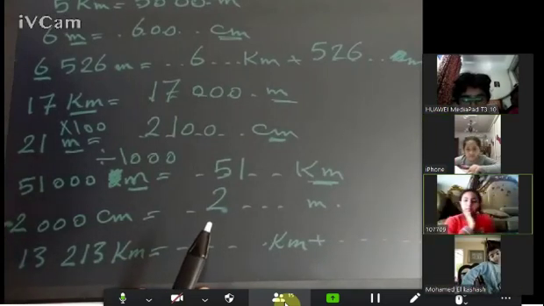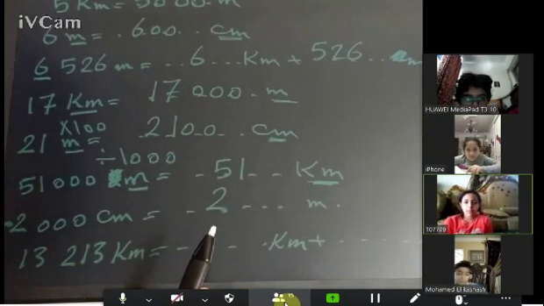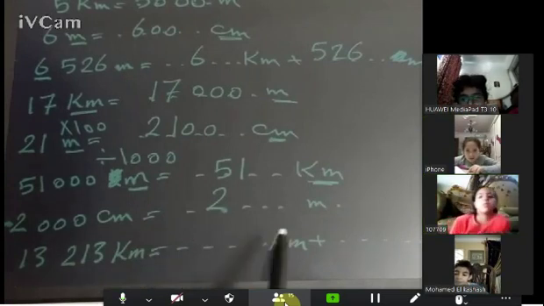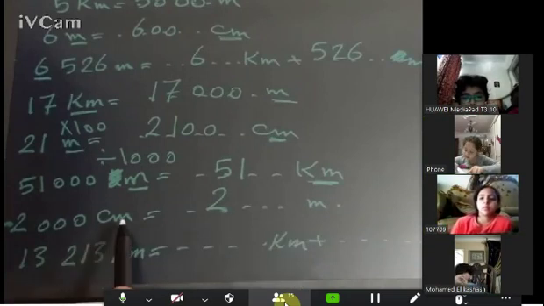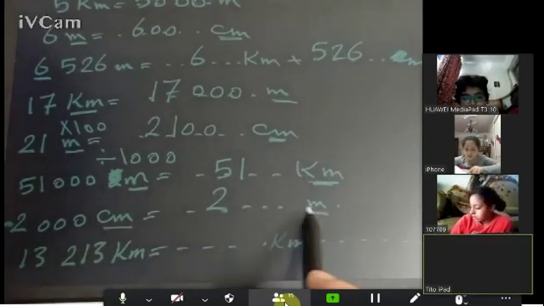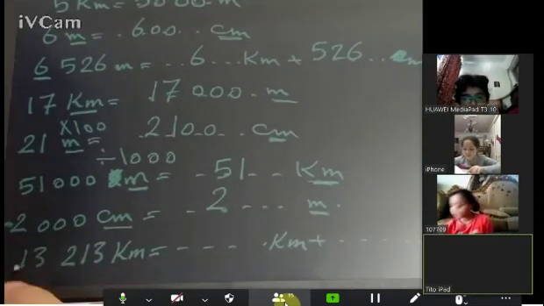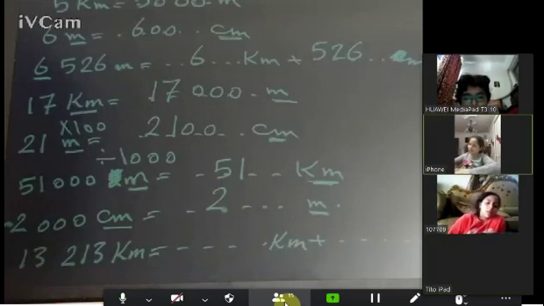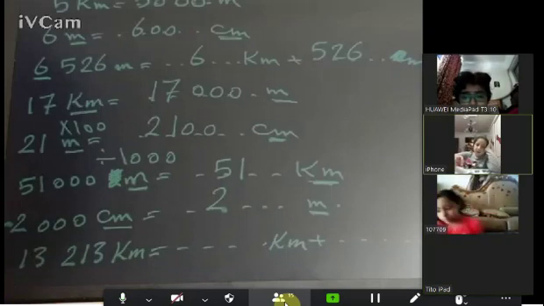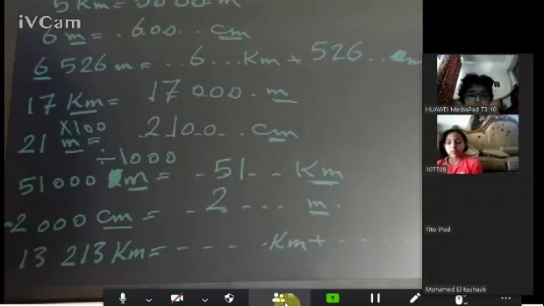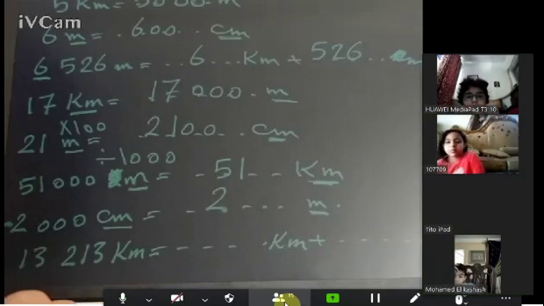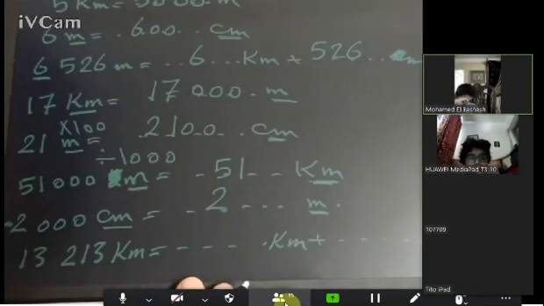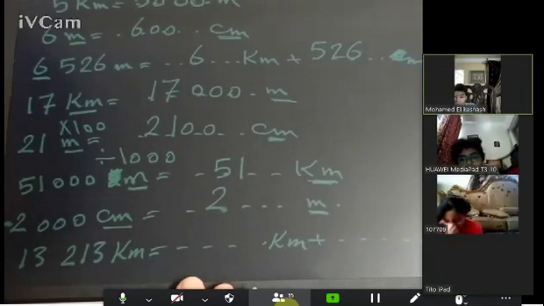Okay, Farida, can you complete this answer? 2000 centimeter equals how many meters? So from centimeter to meter, will we divide or multiply? Divide.